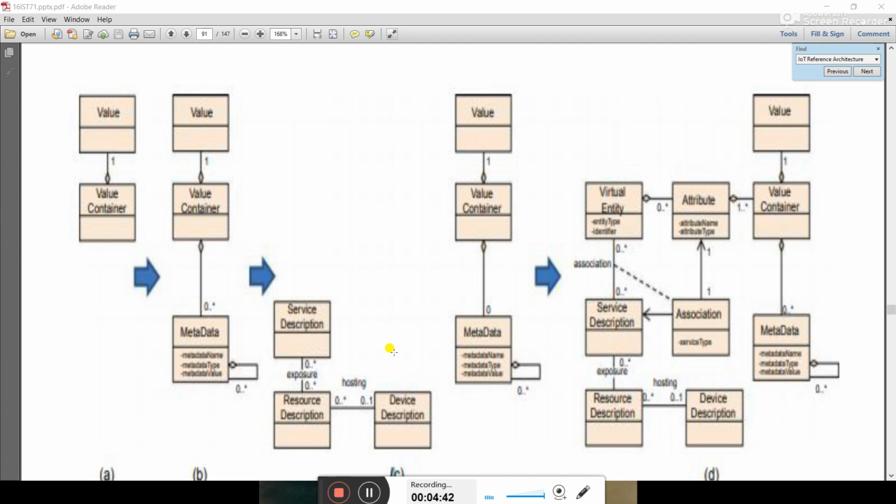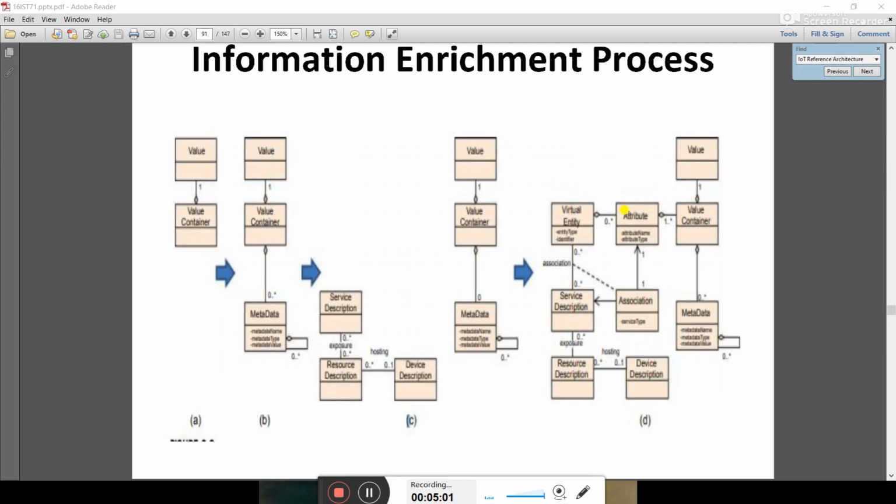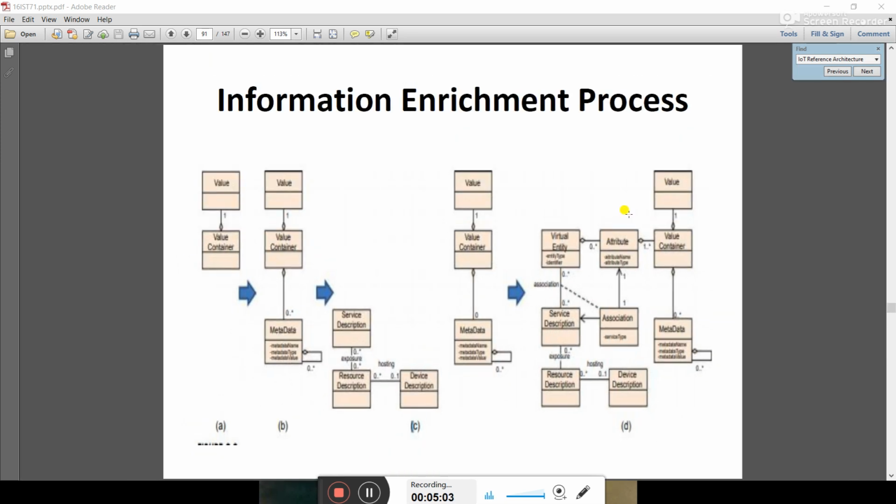All this is defined here. Now the metadata is processed and defined in different types of entities and attributes. All the attributes and entities are taken over here and come into the information enrichment process.